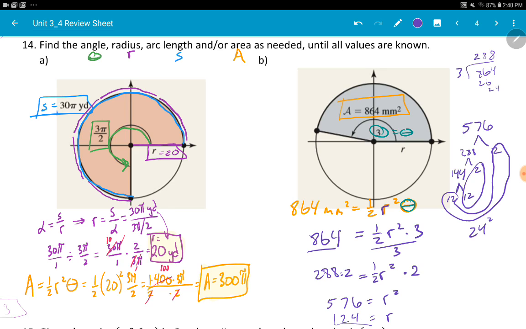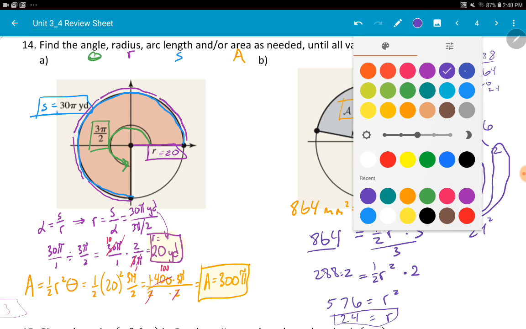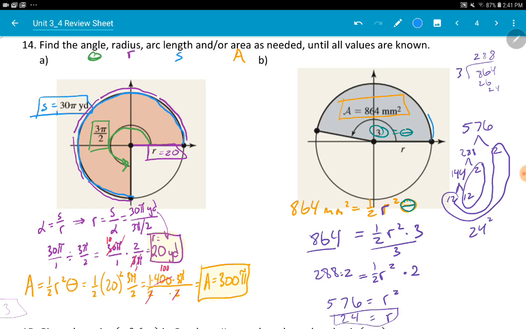So now I have r, and I still need to find s. So that is this length. How many radiuses can fit into that line?